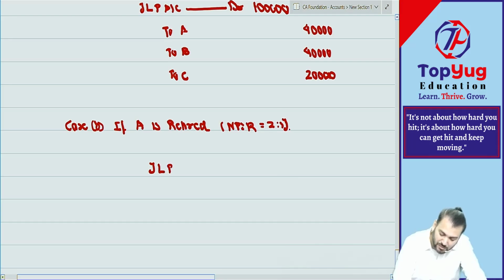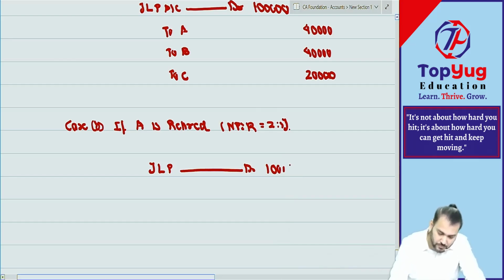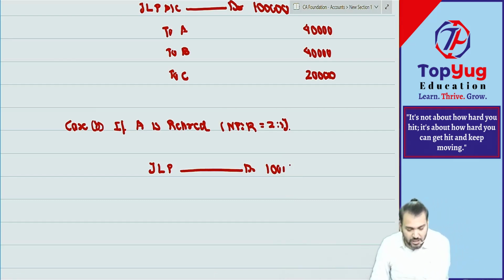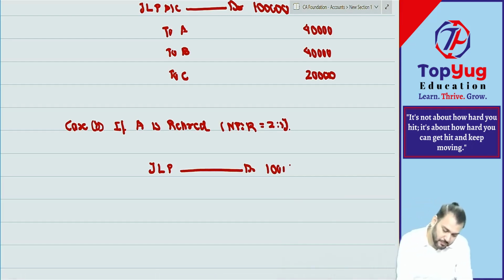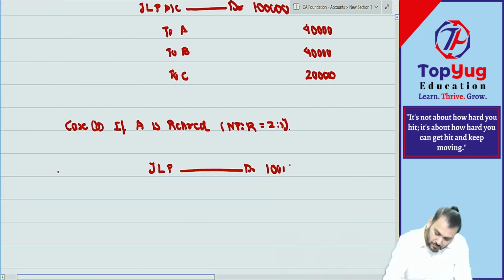So JLP account debit how much? 1 lakh. JLP account debit to 1 lakh. To what? A, B will come? A will not come?